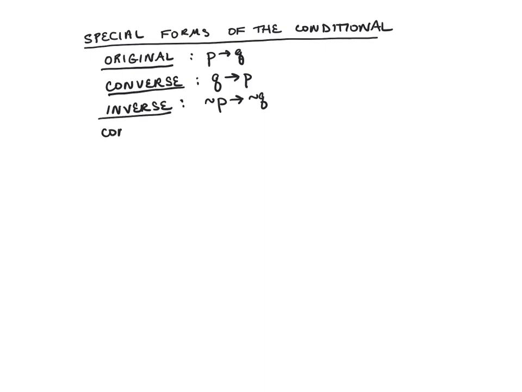And the contrapositive is a little bit of everything. We flip the original conditional and negate each piece. Okay, so that's the summary. And before we talk about which ones are logically equivalent, why don't we take a look at some practice examples?